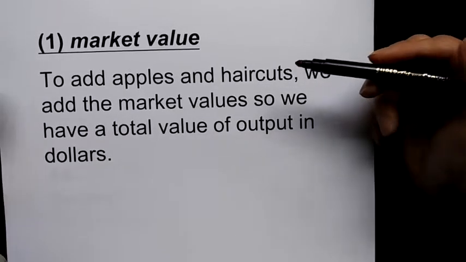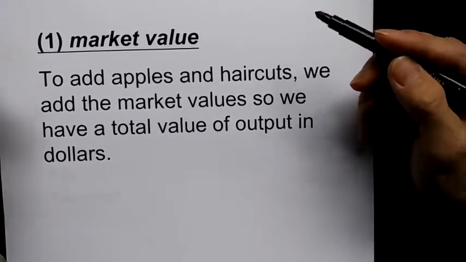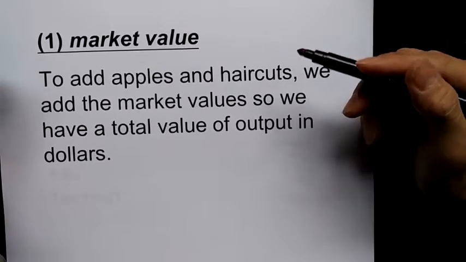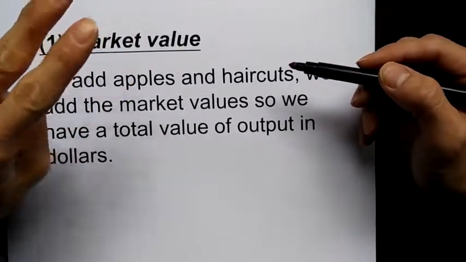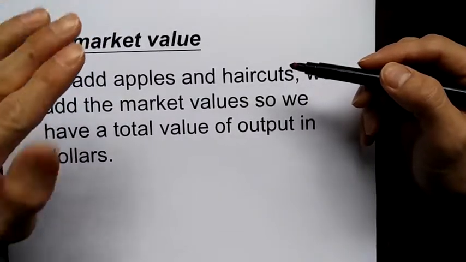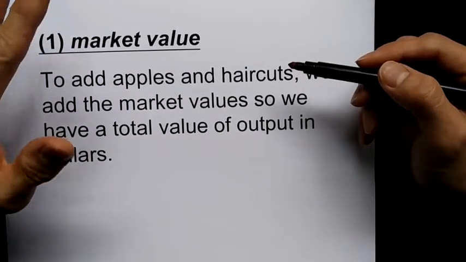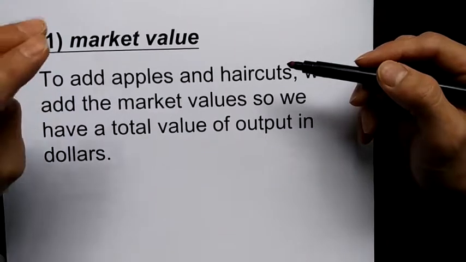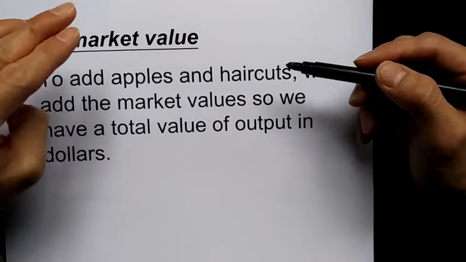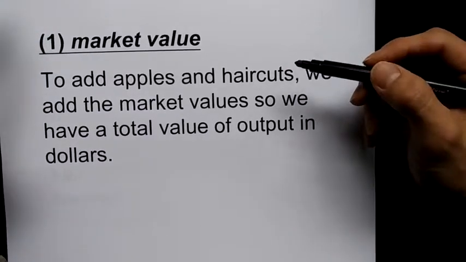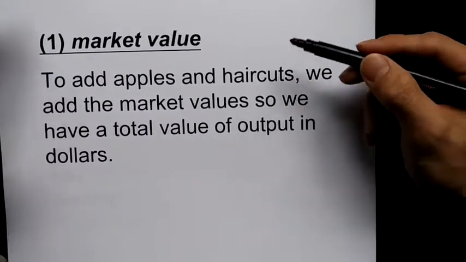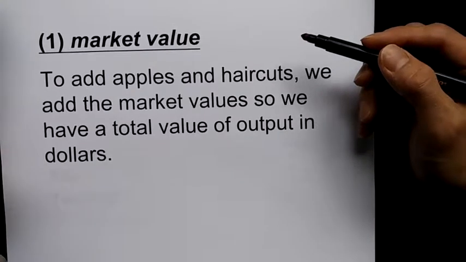Why do we need market value? Remember, we want to measure the quantity of aggregate market. We have 2 apples, 3 haircuts, 5 books. But we cannot add 2 apples to 3 haircuts to 5 books. That doesn't make sense. 2 plus 3 plus 5 equals 10. 10 what?